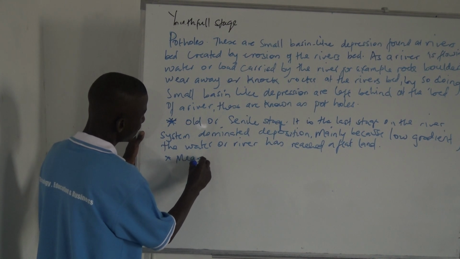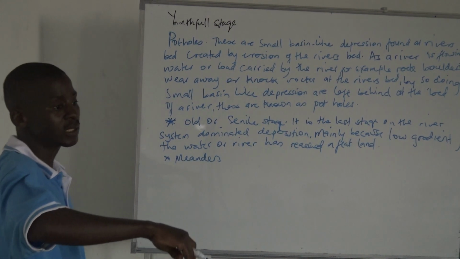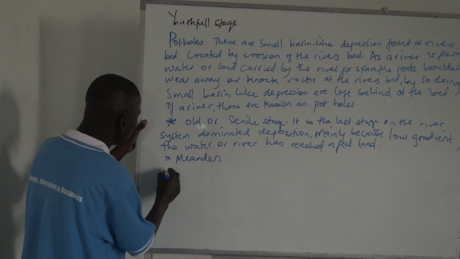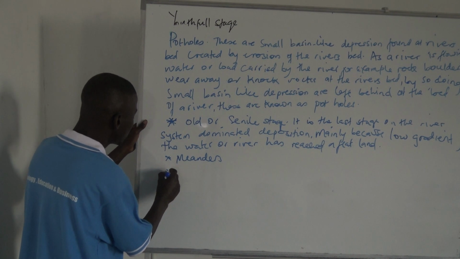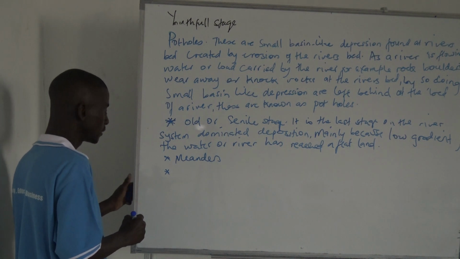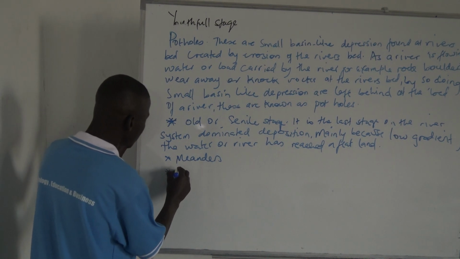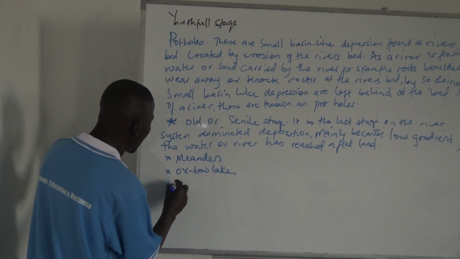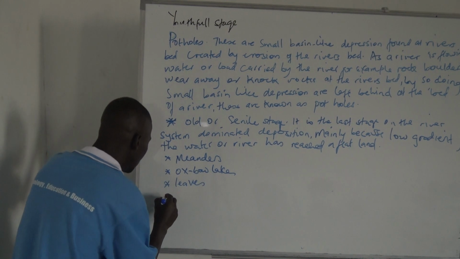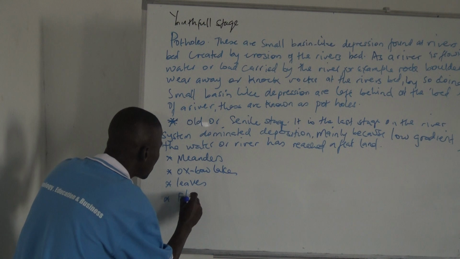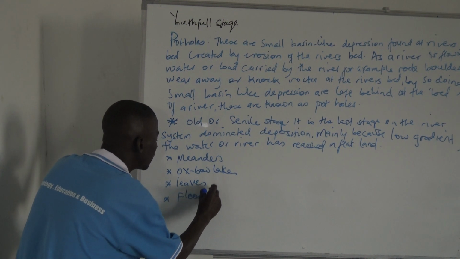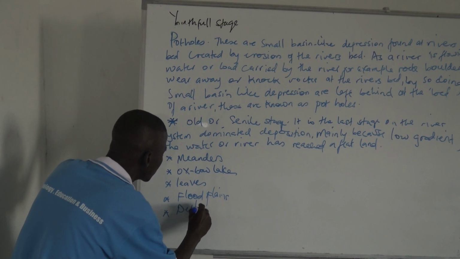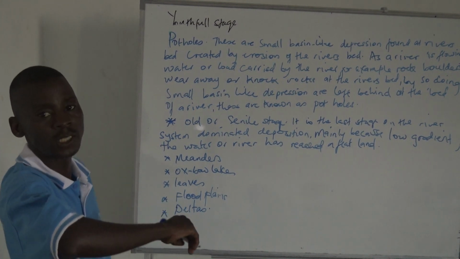The first thing you expect to find there is meanders. Meanders are a characteristic feature of the old stage. Expect to find there depositional features like oxbow lakes, levees, flood plains, and deltas.